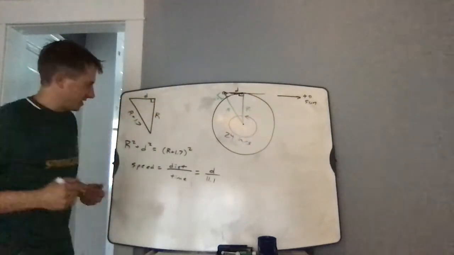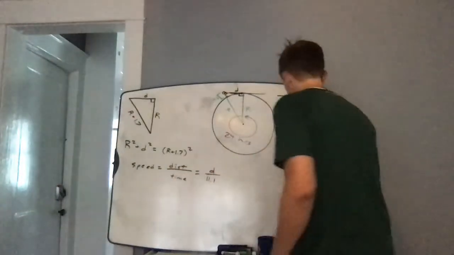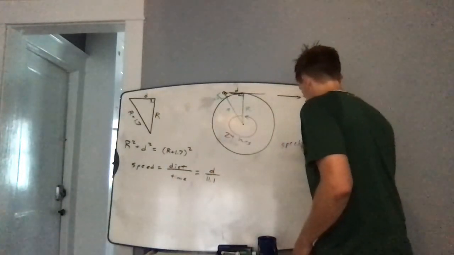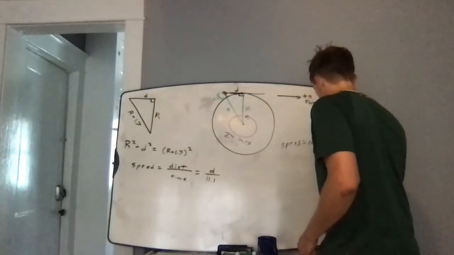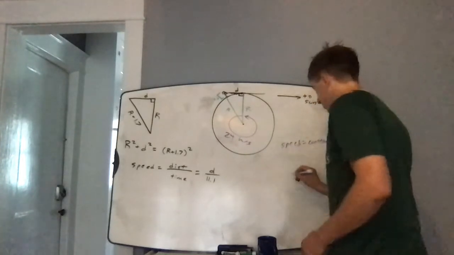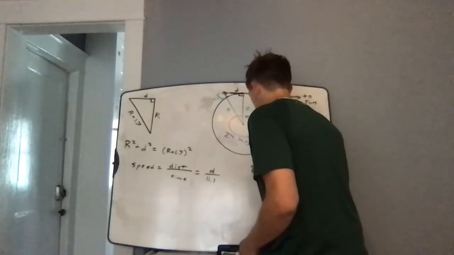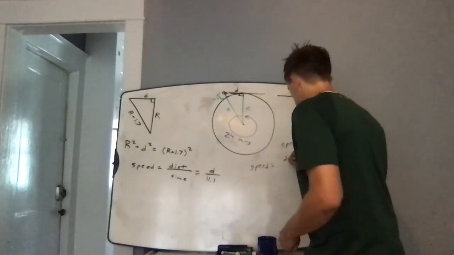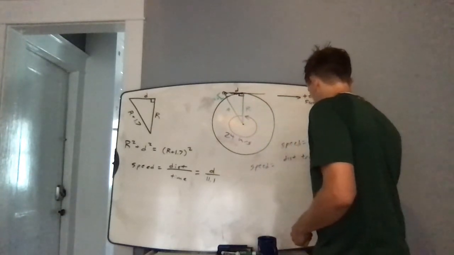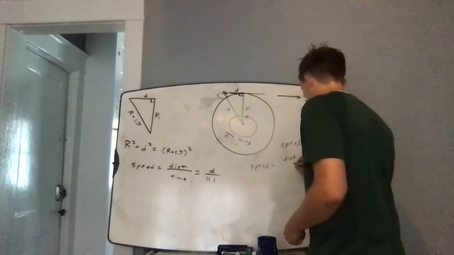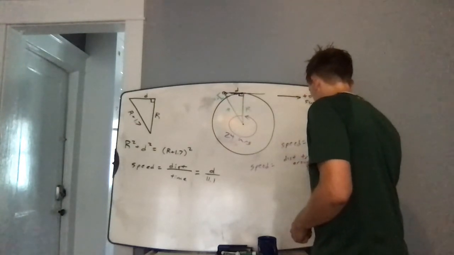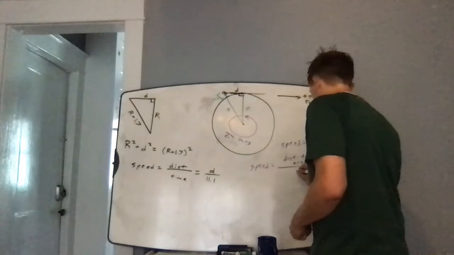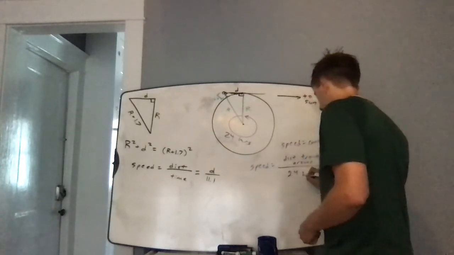So let's use this idea. If the speed is constant, I could also write the speed is equal to the distance traveled around the Earth once over 24 hours.